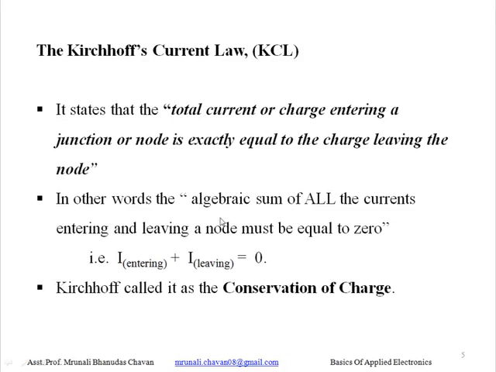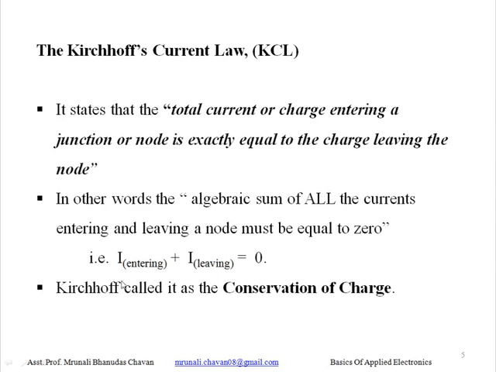if we consider a node, the algebraic sum at that node, and why do we say algebraic, because the currents entering are positive and the currents leaving are considered negative. So we have to take their algebraic sum at the same node, which must be equal to 0.